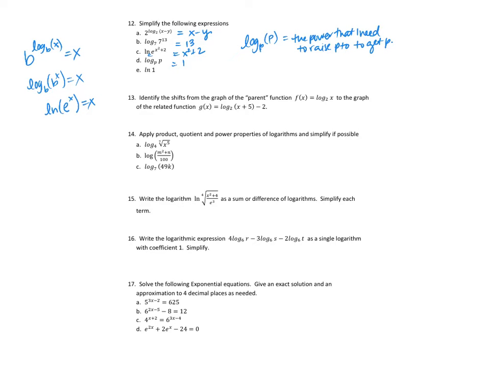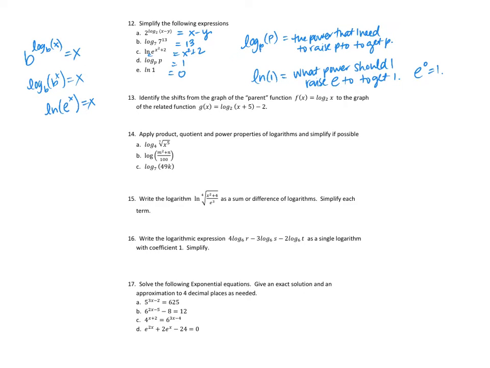And then this one, natural log of 1, that means what power should I raise e to get 1? And I know that e to the 0 is equal to 1. So the answer of natural log of 1 is 0.